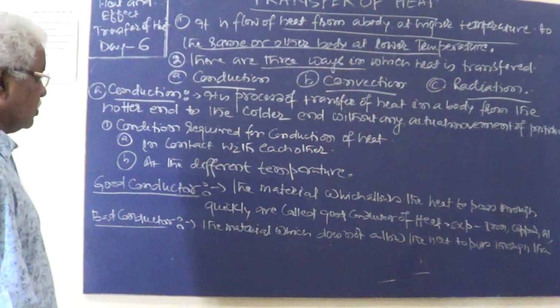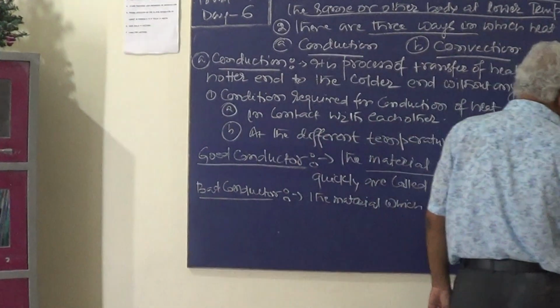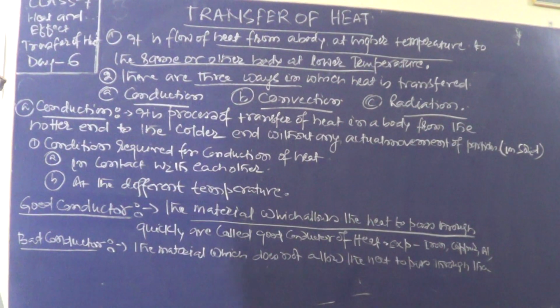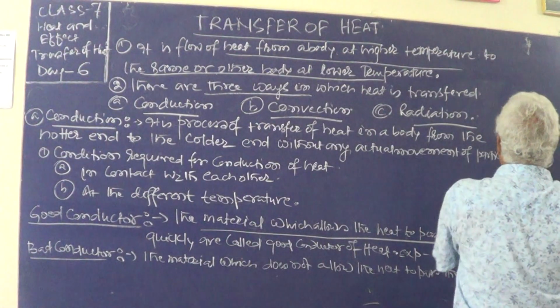Now, good conductor, the material which allows the heat to pass through is called a good conductor. And bad conductor, the material which does not allow the heat energy to pass. Question number 1.